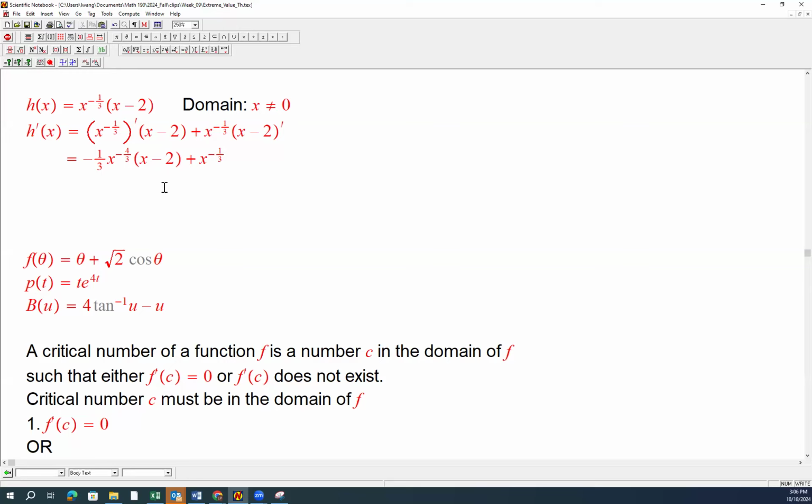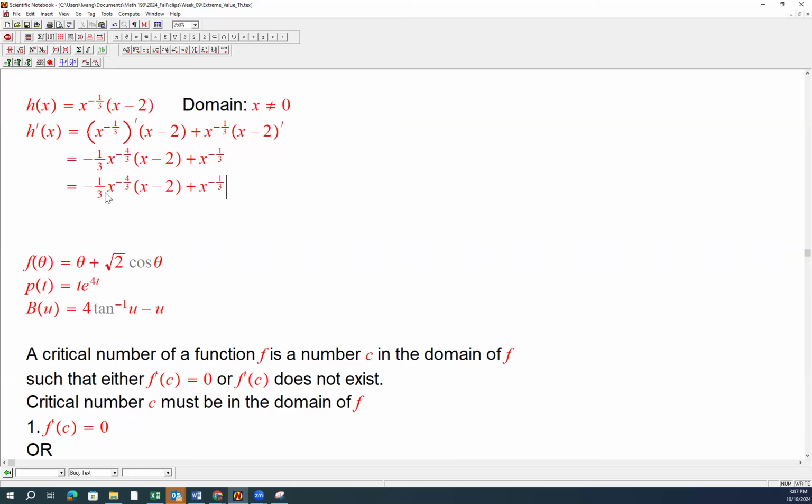So how do we simplify this in order to identify the critical number? Looking ahead, we will have to set the first order derivative equal to 0. Let's use one of the ways we did before, and write them in fraction form with positive exponents.